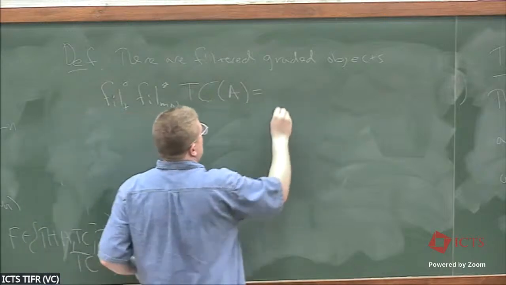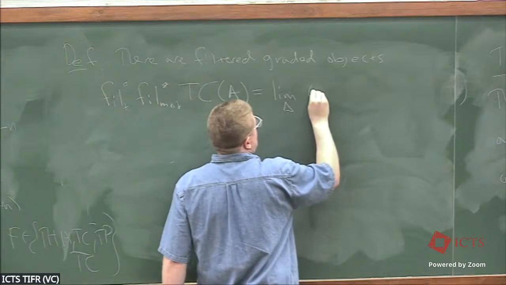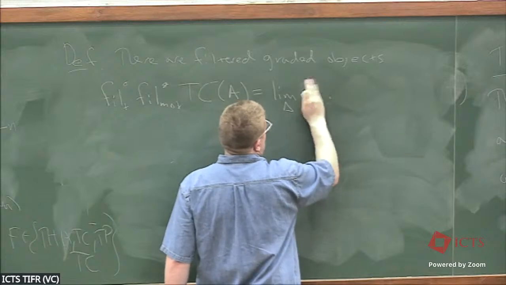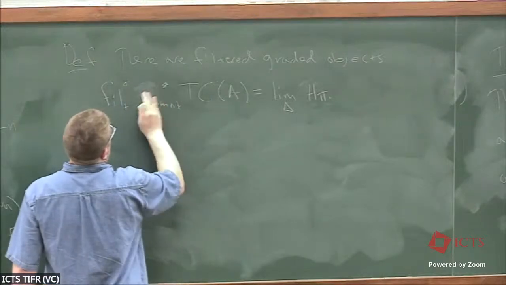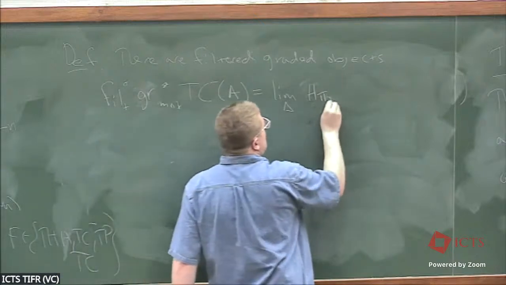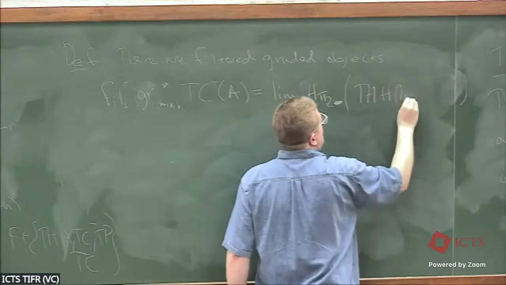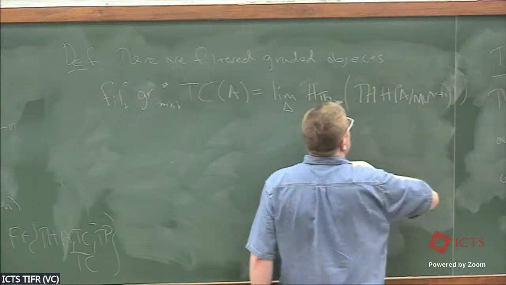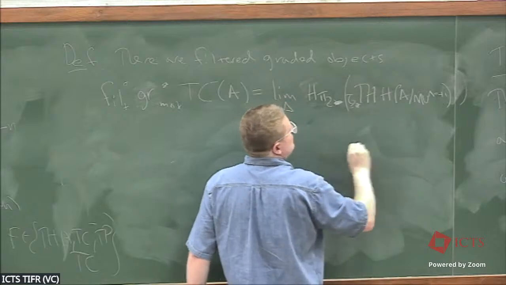So what we're going to do is take the limit over delta, and then apply tau greater or equal to... or sorry, do I want to do it? Yeah, no, we're going to do H pi star. Sorry, so let me do the gr-motivic one. So we'll do H pi 2 star, and then we'll take THH of A over MU, smash bullet plus 1. And then we're going to apply the Whitehead filtration here.